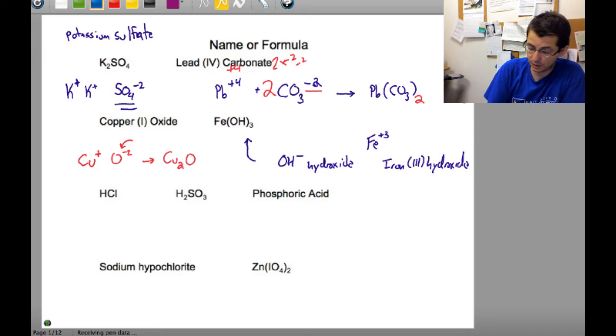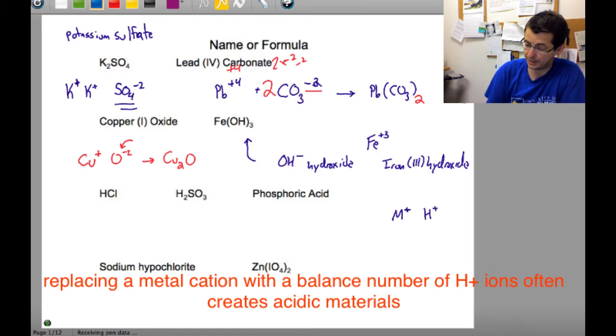Now, acids are a little bit different. In an acid, rather than a metal, we replace the metal with an H+. And depending on the type of acid, it gets a different name.